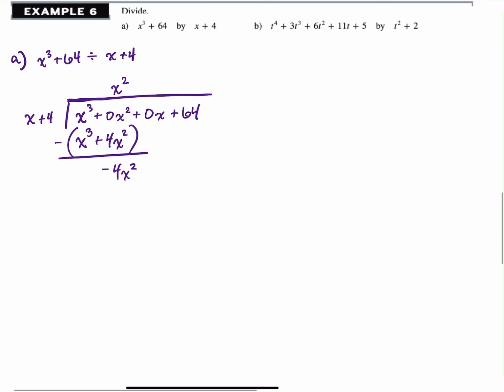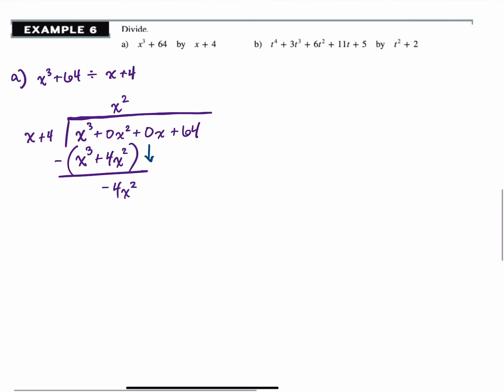And then I'll still drop down my next term, even though it's a 0 term, plus 0x. And then let's repeat the process. So x times what gives me minus 4x squared? Well, I want the minus 4. And I have 1x, I just need to multiply by another x to get x squared.